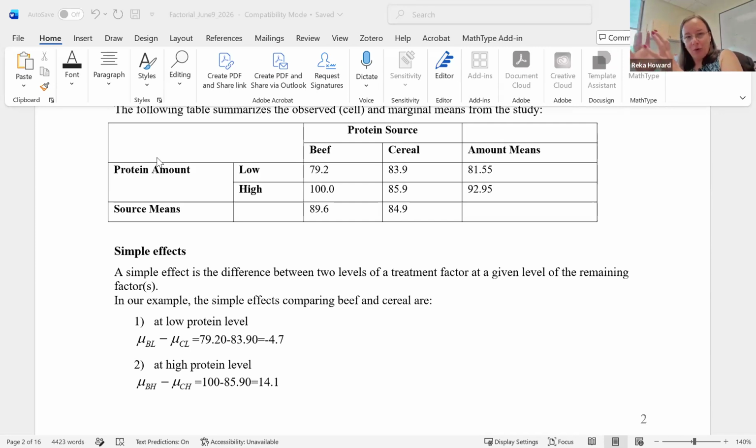Let's say one part of the field has better soil or something is going on, since there is no randomization. But yes, you can still compare the irrigation with the no irrigation.